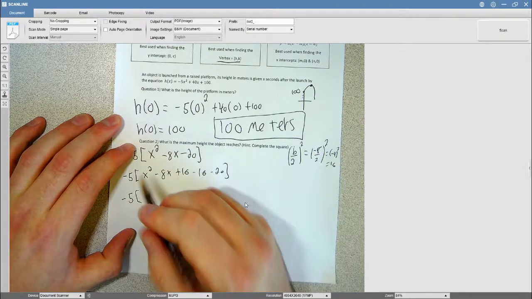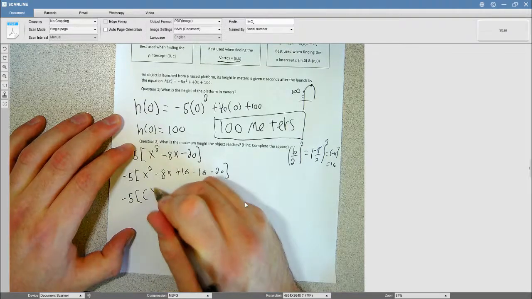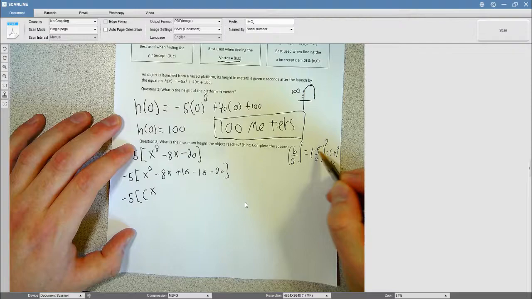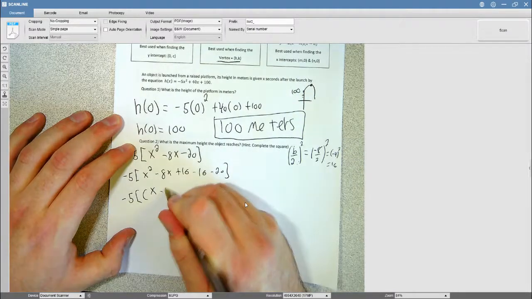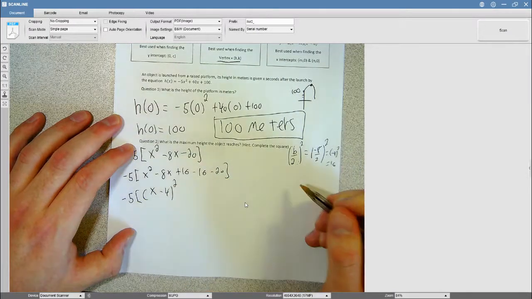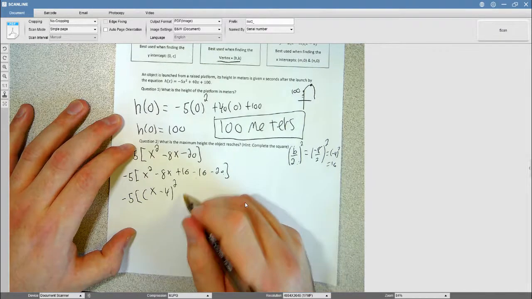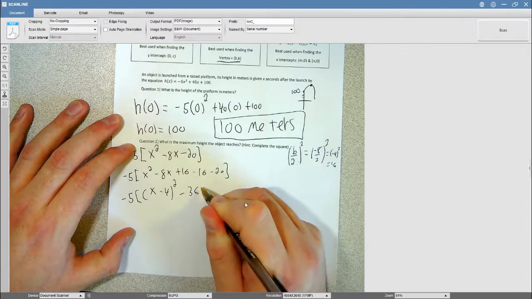Remember, this always factors into x plus b over 2. In this case, b is negative 8, so b over 2 is negative 4: x minus 4, quantity squared. And now look, minus 16 minus 20, that's just going to be minus 36.